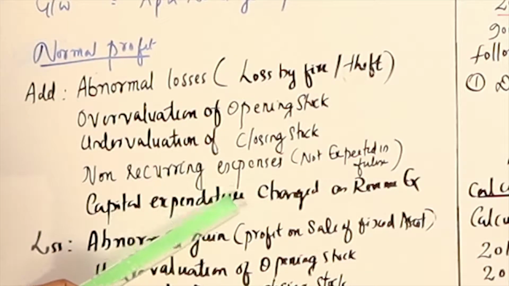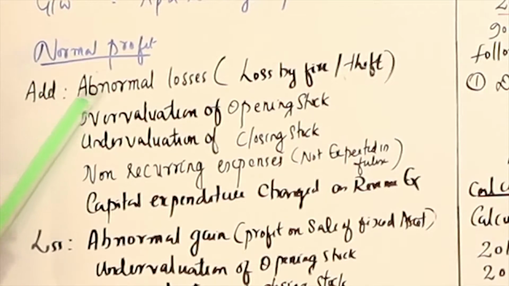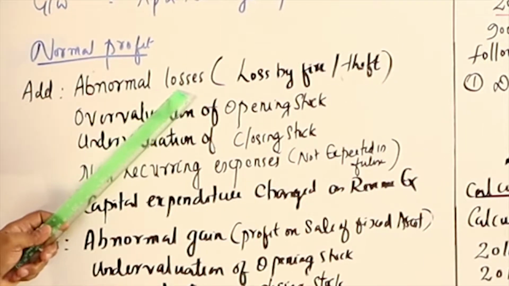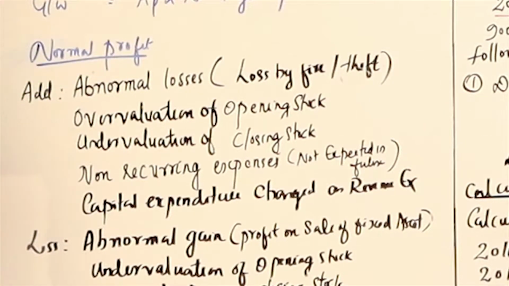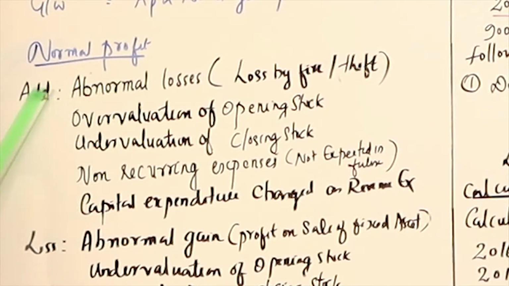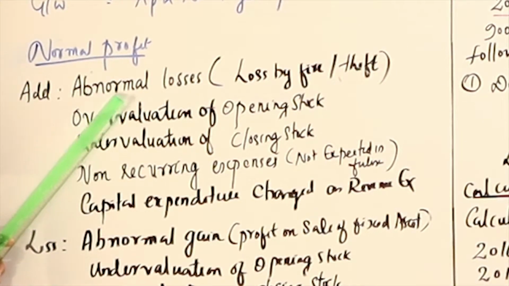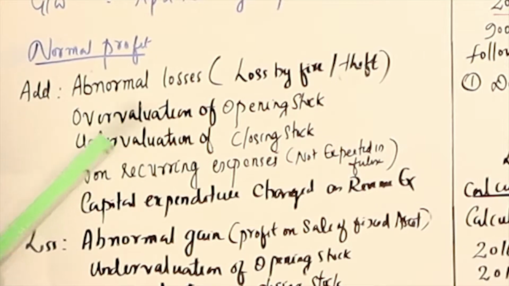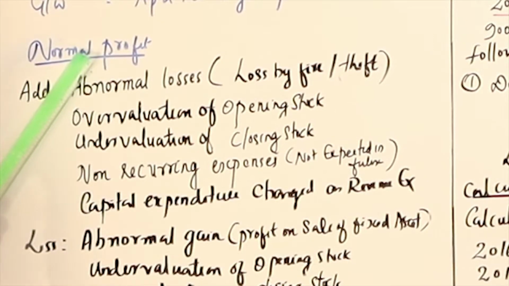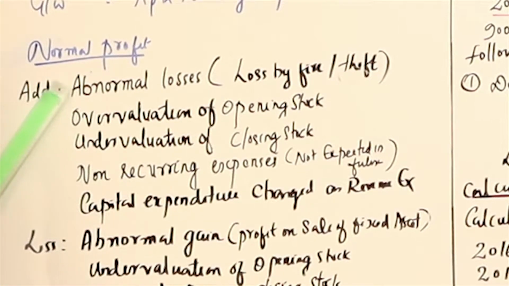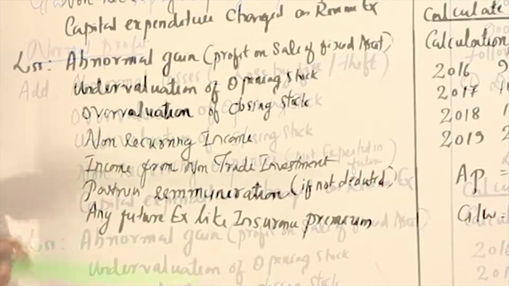These items we have to add back. Abnormal losses were already subtracted from our profit, that is why we add them back to make it normal profit. So these items you have to add back.